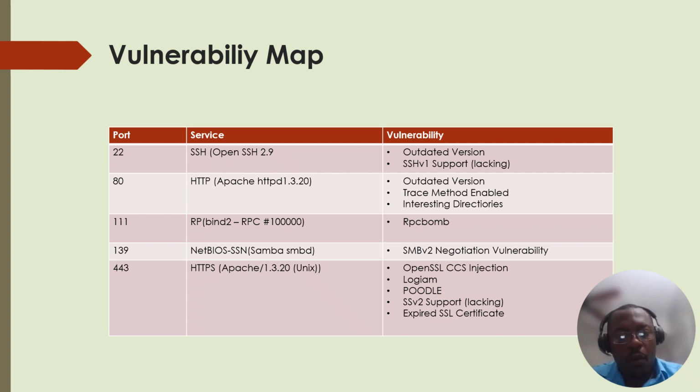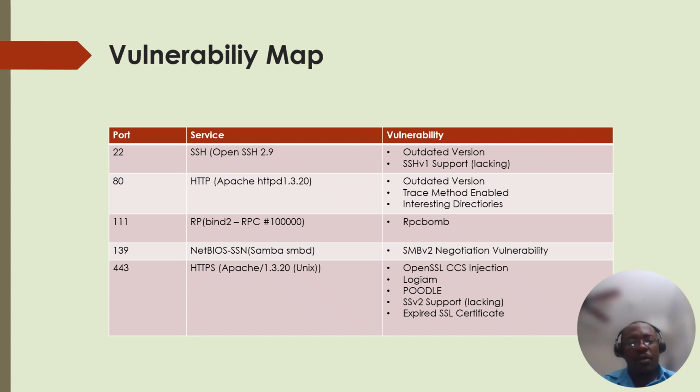On port 111, the service belongs to RPC. The vulnerability is RPC bind. Port 139 has the service NetBIOS SMB, and the vulnerability is SMB version 2 negotiation vulnerabilities.